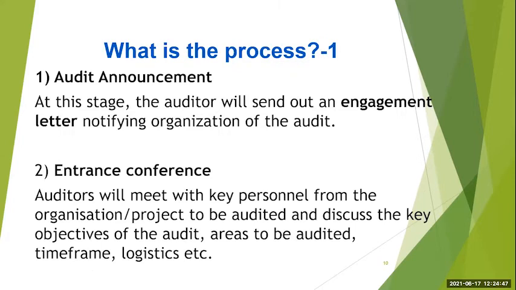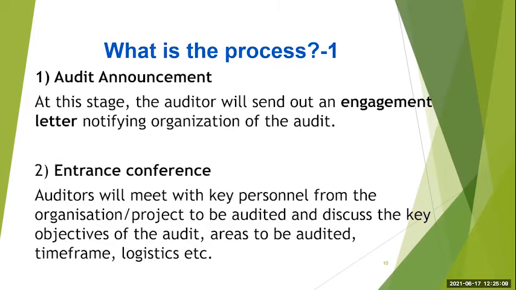So what is the audit process? So what happens when the auditors come? What do they do? So first of all, there is an audit announcement. At this stage, the auditors will send out an engagement letter notifying the organization or the project about the audit.